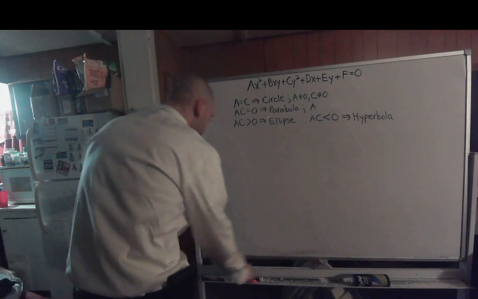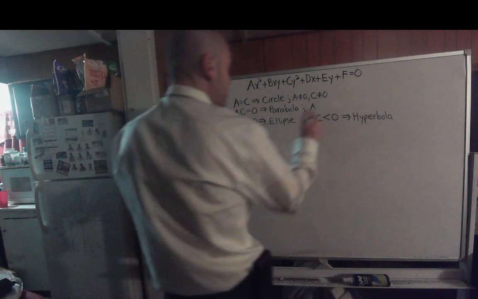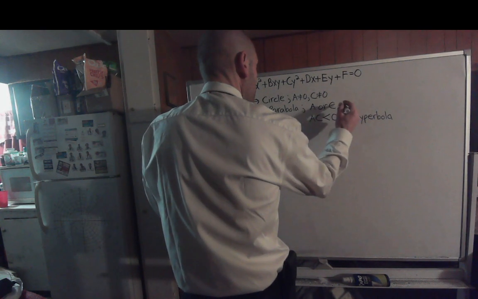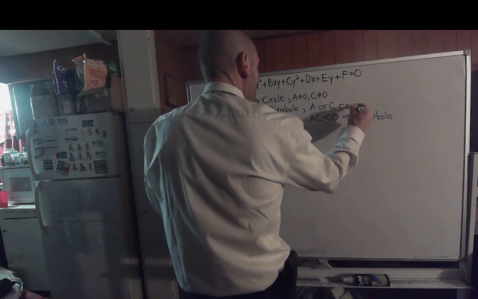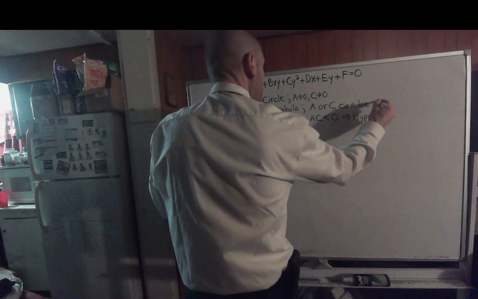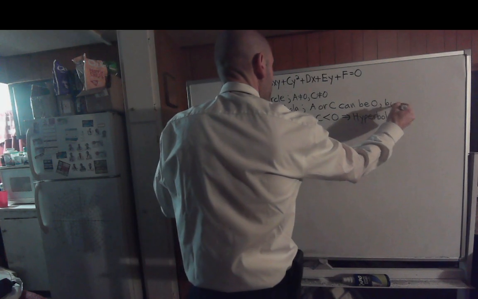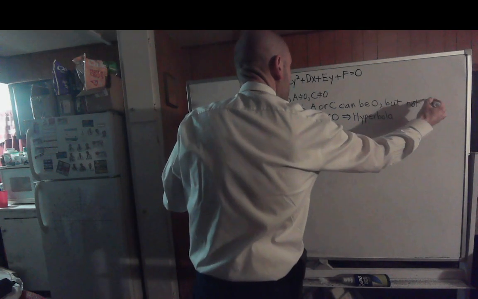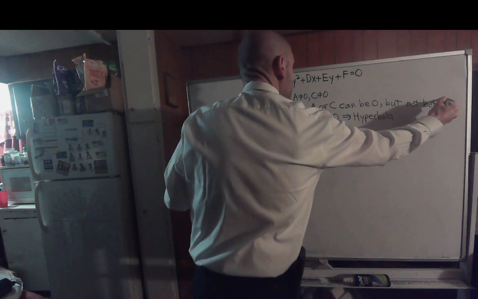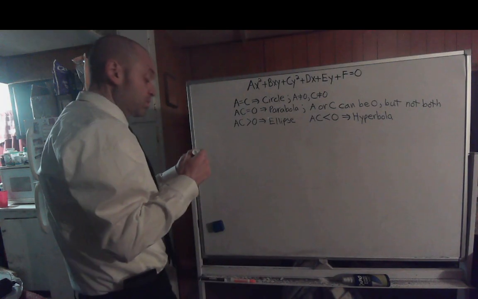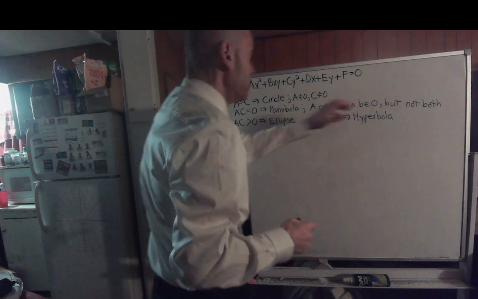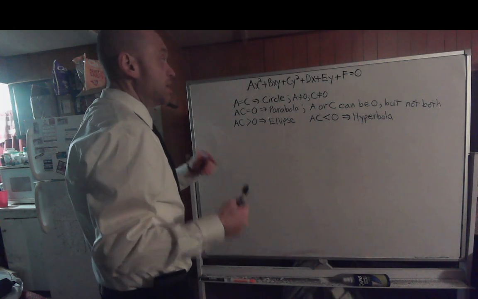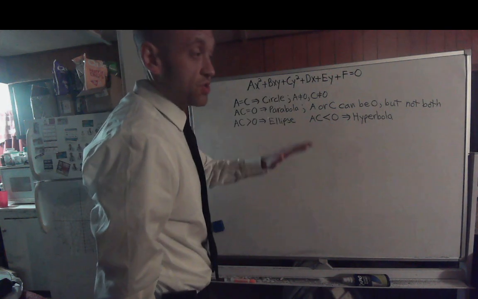It should be that a or c can be 0, but not both. That makes sense because in a parabola only one of the variables is quadratic.